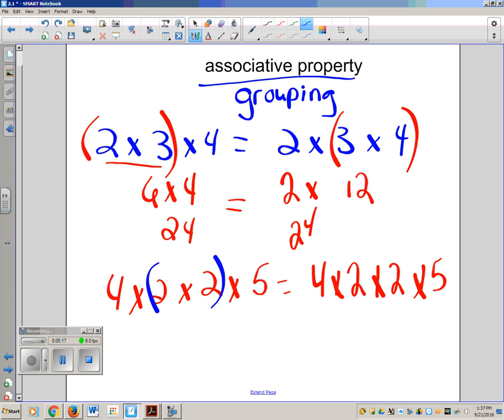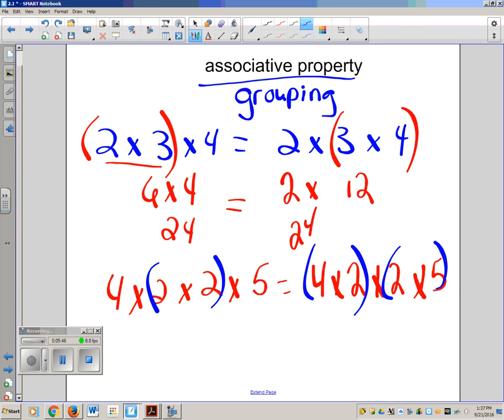Change the group on the right-hand side. You can have more than one set of parentheses. Change the groups. And what would you group on the right-hand side? Okay. I'm going to group that one. Let me do two groups. Group that one. Yes, you may. Good question.